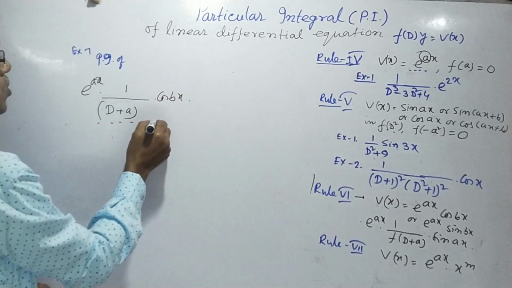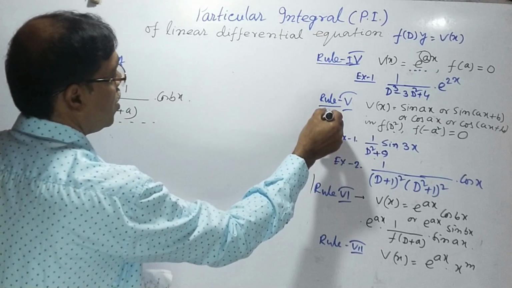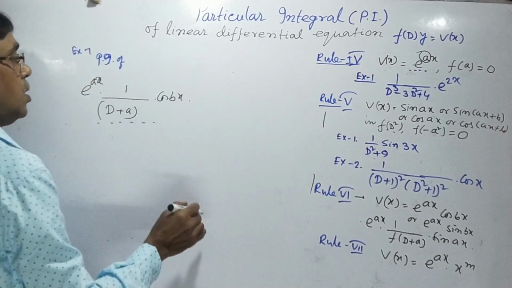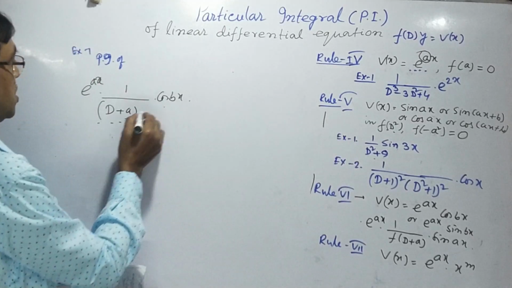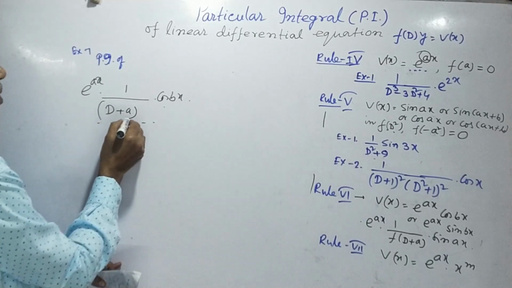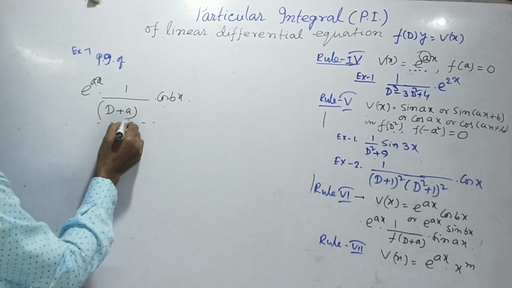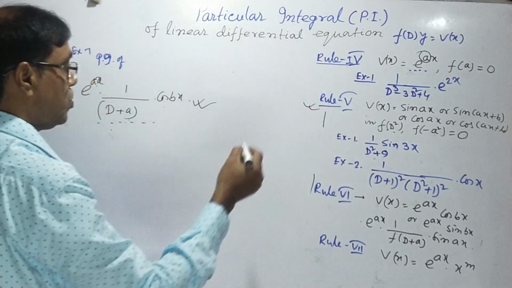We follow the same rule as for cos ax or sin ax, this rule, or rule 5 or rule 2 discussed earlier, when sin x or cos x is of this form. We operate with d plus a in place of d, and e to the power ax first, and then follow this rule or rule 2.